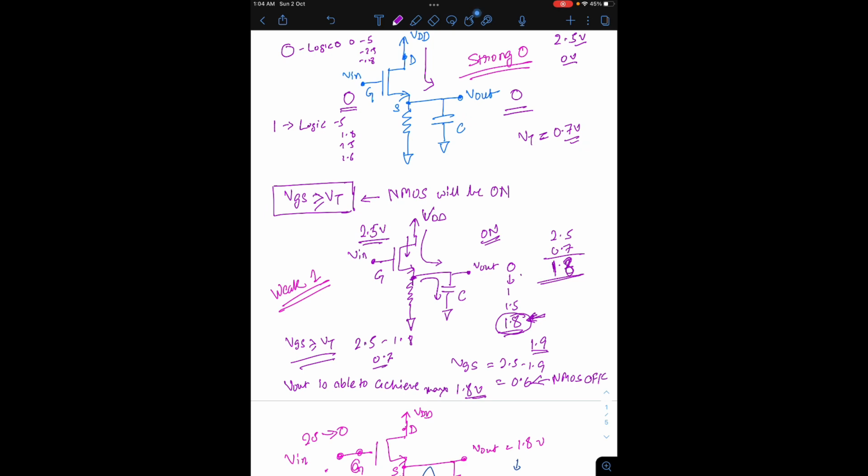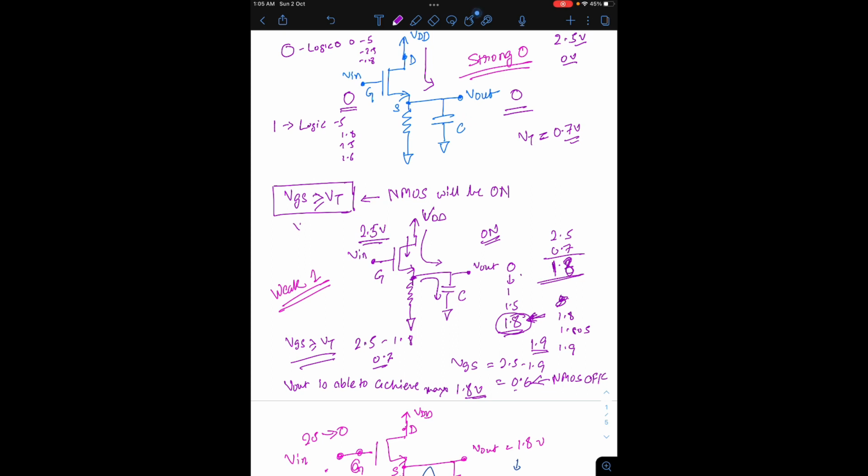Now you can see from this equation, the threshold voltage is exactly equal to VGS. If the output voltage increases by a very small amount, say from 1.8 to 1.805, or let's say 1.9, what will be the difference? 2.5 minus 1.9 is 0.6.